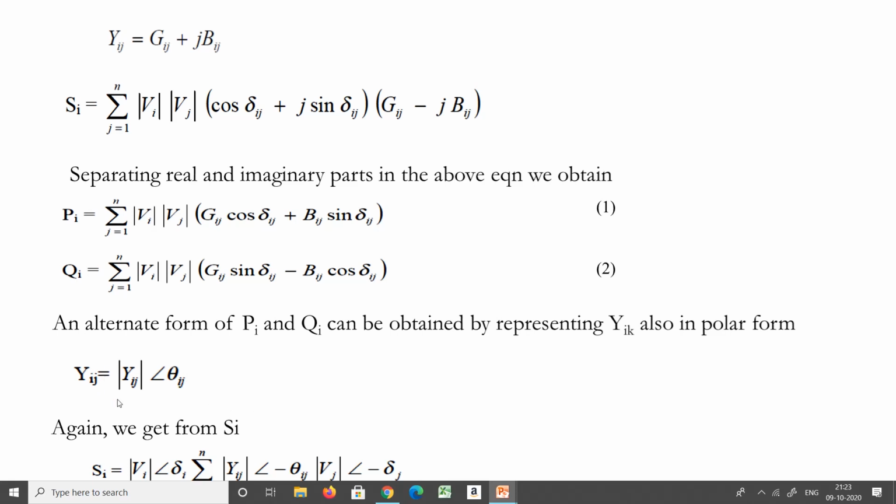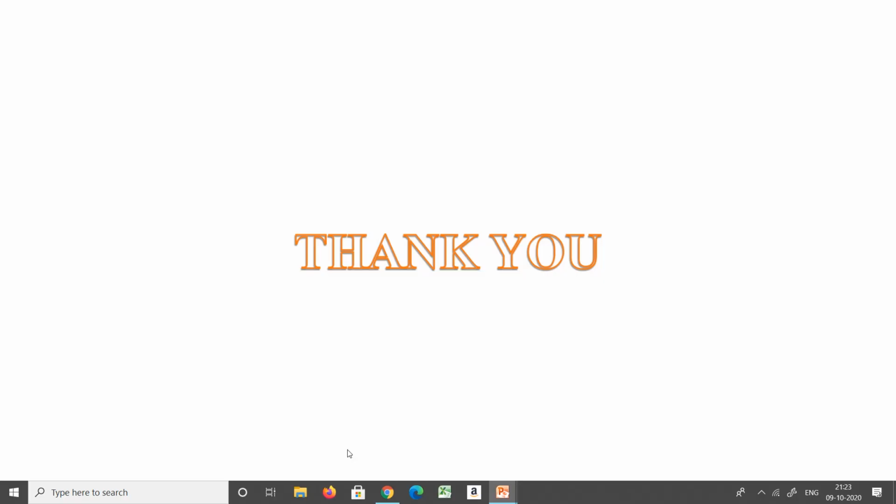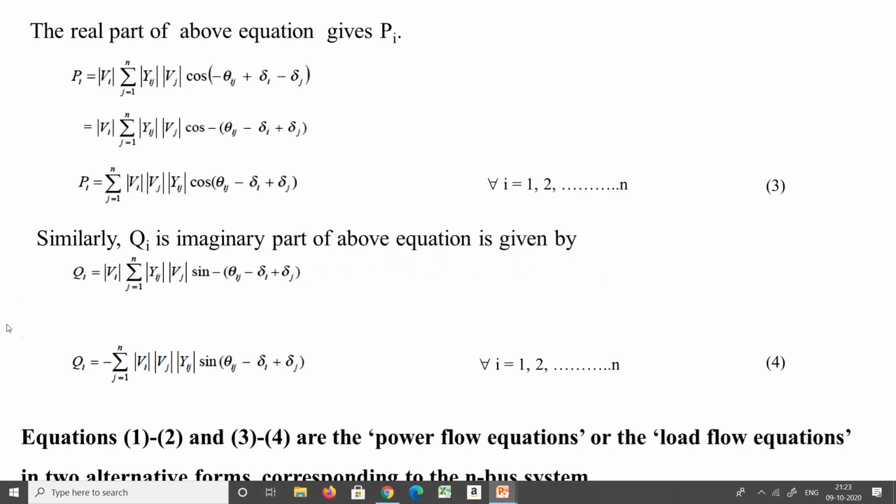After representing both in rectangular form and polar form, we have represented the complex power in polar form. This equation represents my polar form, and this is the real part and the imaginary part. From the given slide, we have separated the above equation, that is Pi.